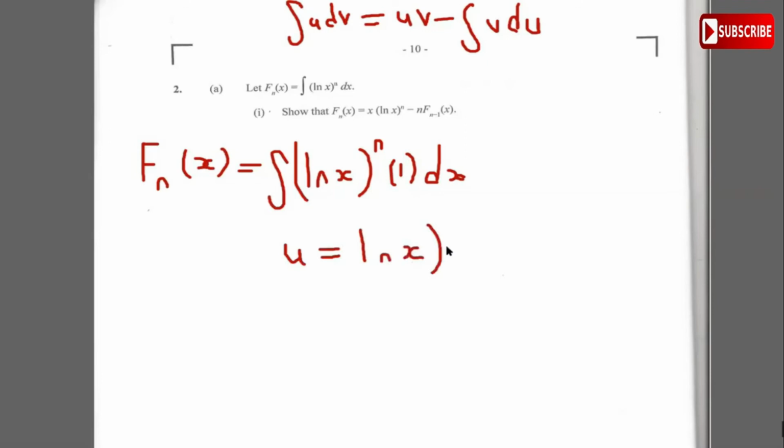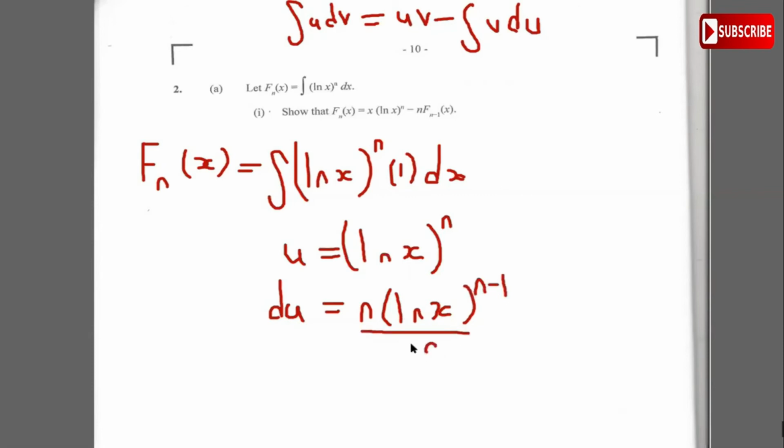If this is u, then you need to find du. What's going to be du? You carry down the power n and subtract 1 from the power to get (ln x)^(n-1), then multiply by the derivative of what's inside the bracket, and the derivative of ln x is 1 over x.